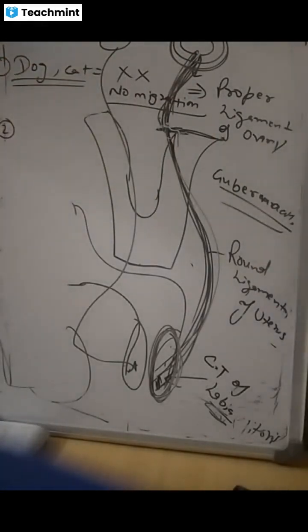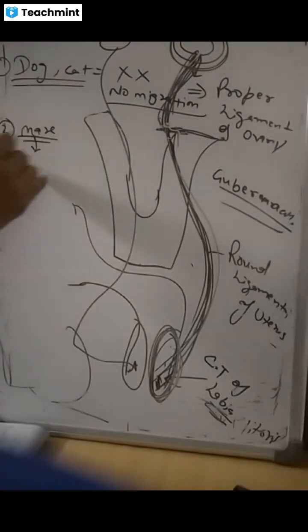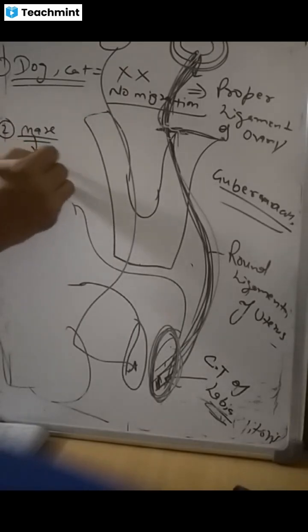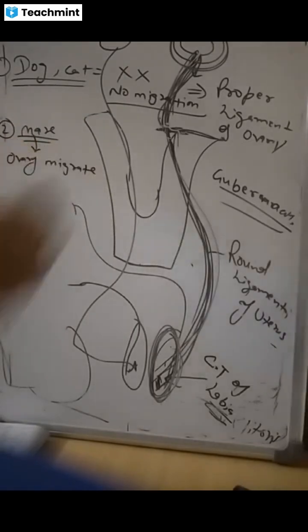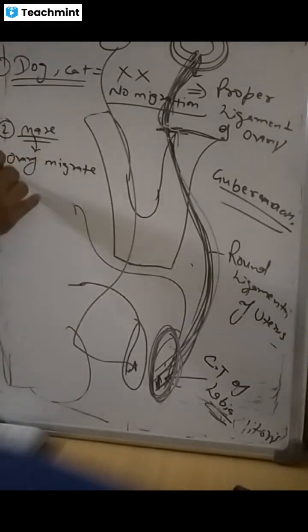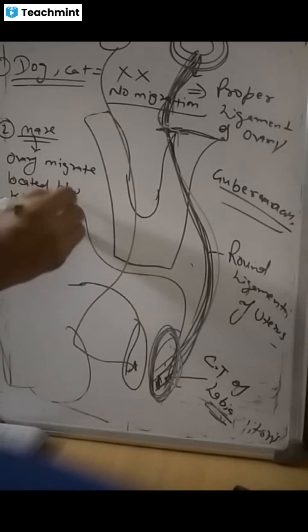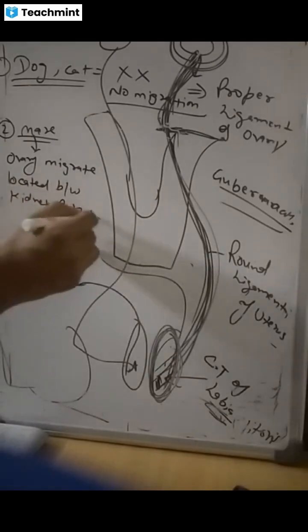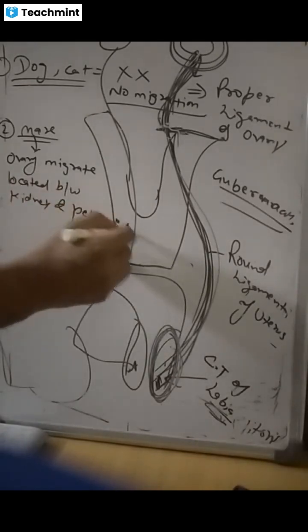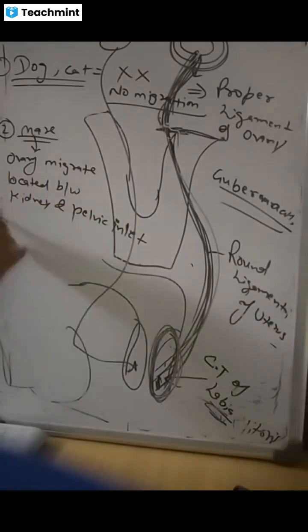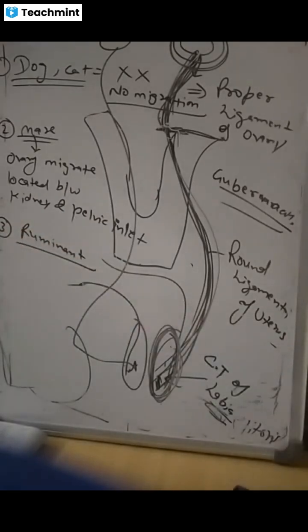Number two, in case of mare, the ovary migrates and lies between the kidney and the pelvic inlet. Number three, ruminant. Maximum migration occurs in ruminants.